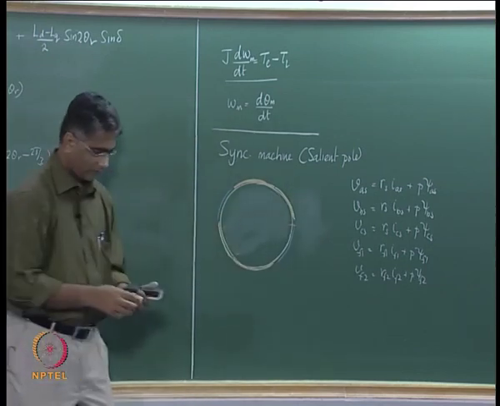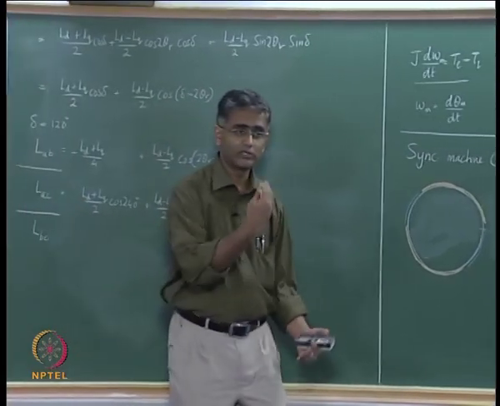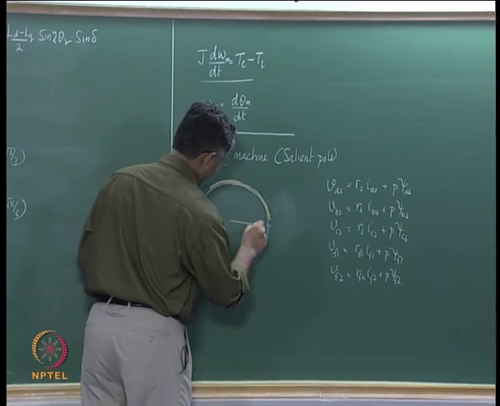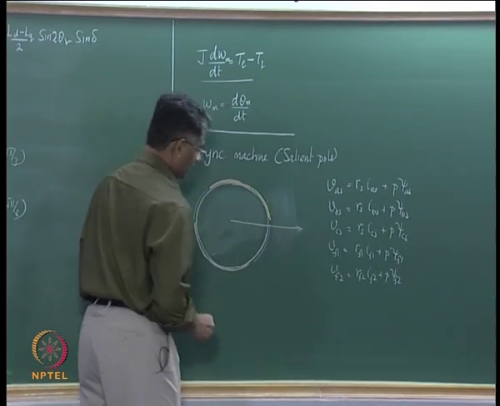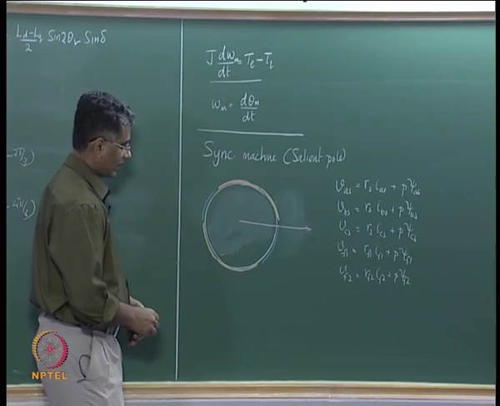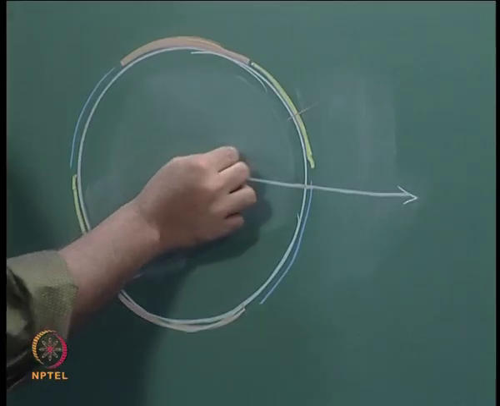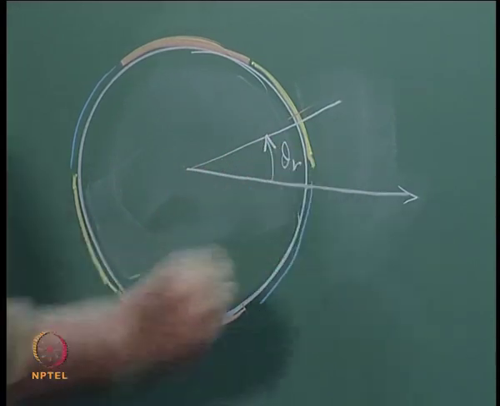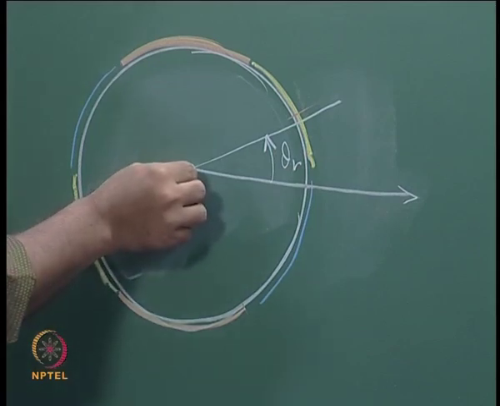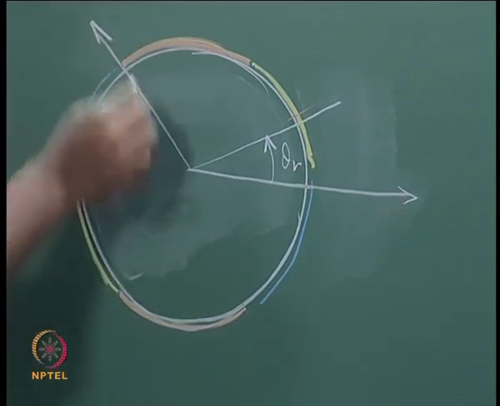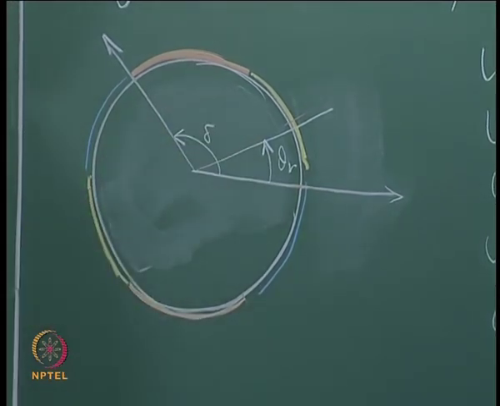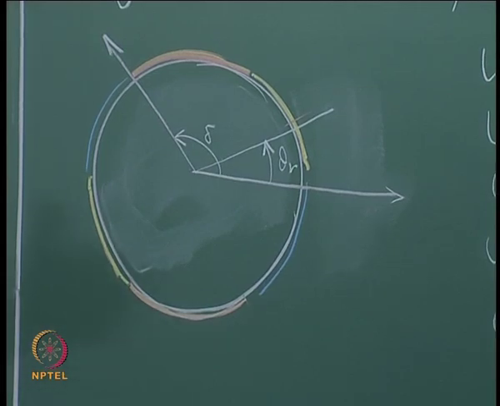So if you remember, what we have done to derive this expression for the mutual flux linkage is that we have considered that a winding is there along the axis 1, and then the rotor is situated at an angle theta r with respect to the first winding, and a second winding is located whose axis is at an angle of delta. This was the geometry for which we had derived the expression for mutual inductance.